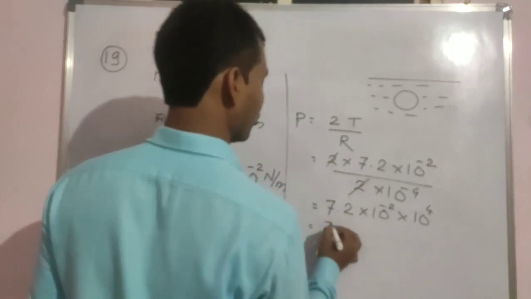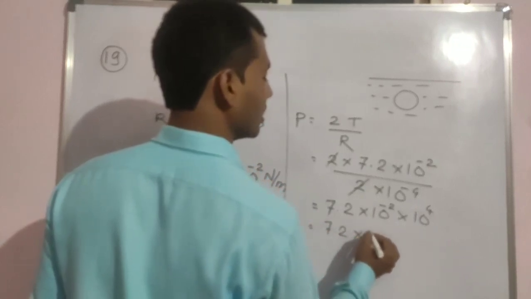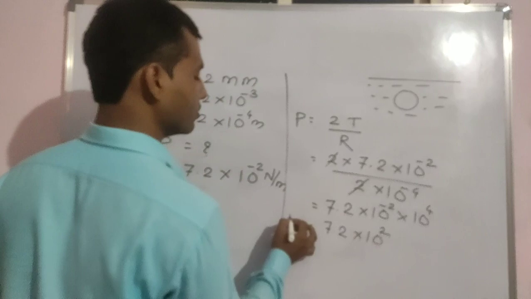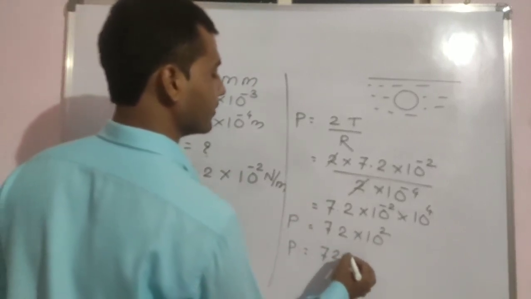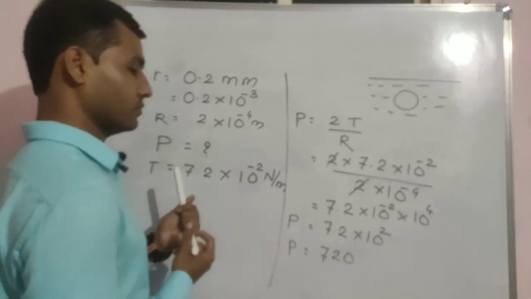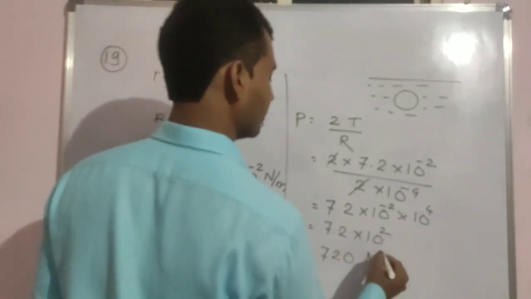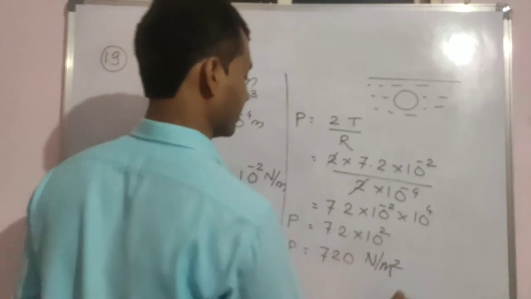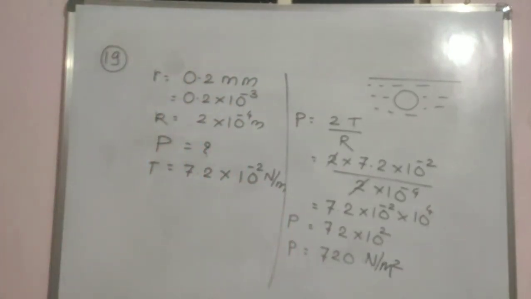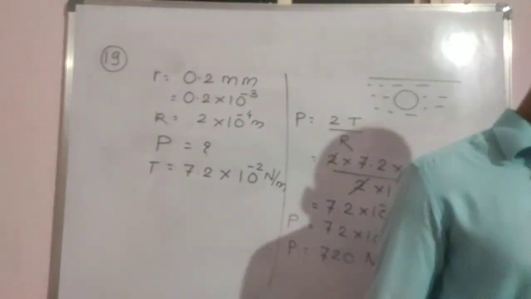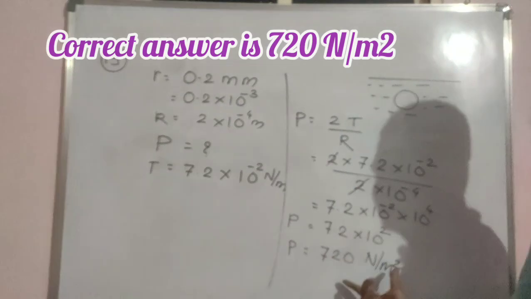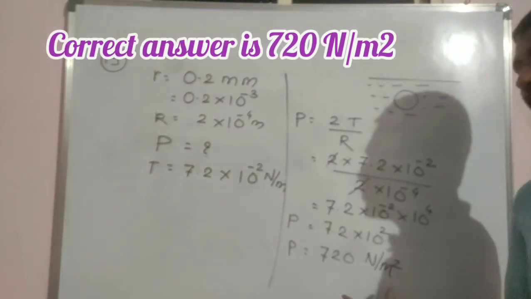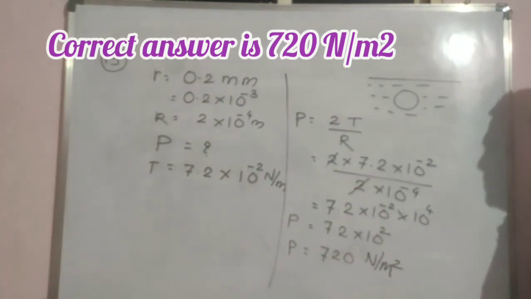Now we have 7.2 into 10 to the power plus 2, and from that I can write 720 Newton per meter square. In your textbook the answer is given as 7200, which is a wrong answer. So this is our right answer, 720 Newton per meter square. Okay.